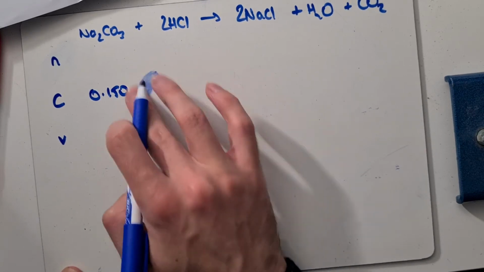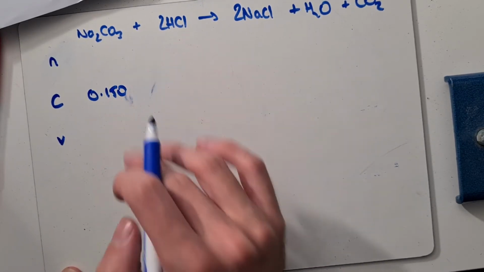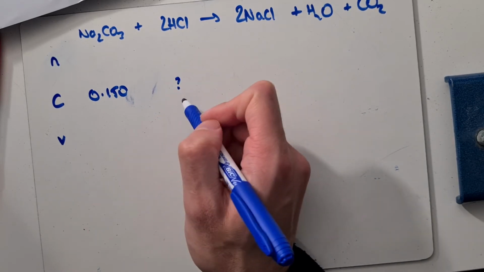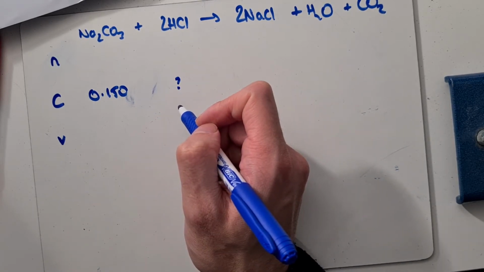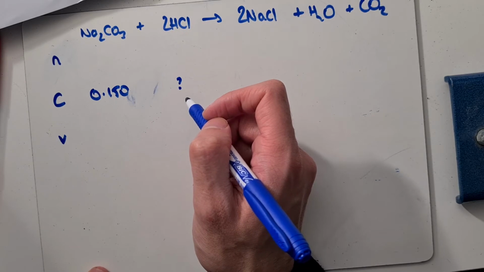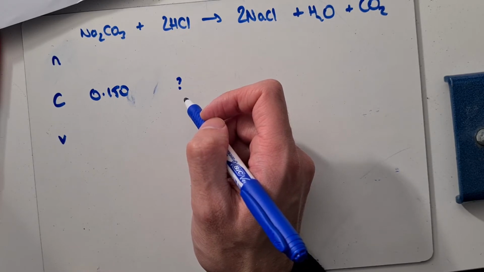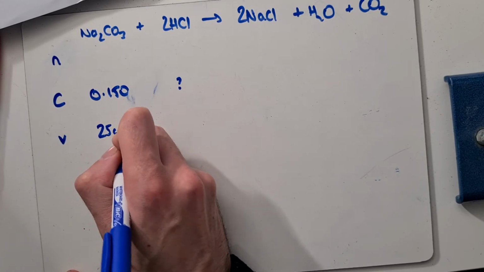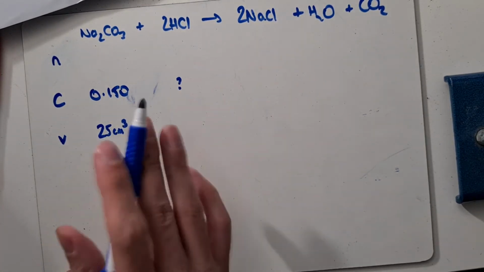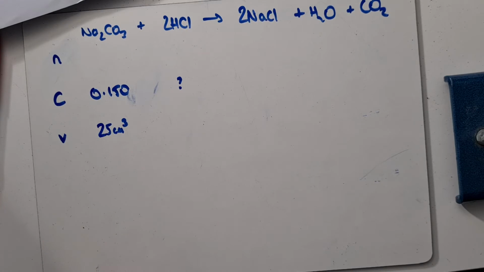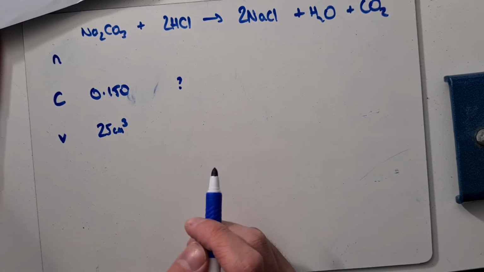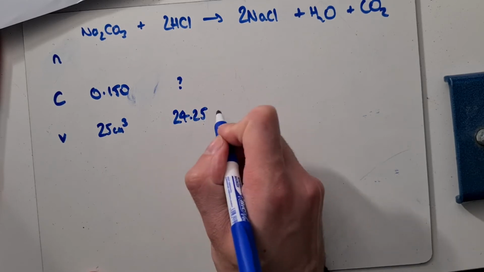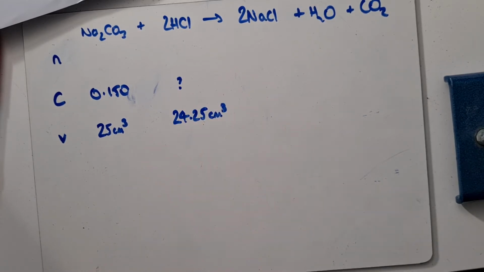Then we want to work out the concentration of the HCl. We know the volume of Na2CO3 was 25 centimetres cubed, and we also know that the average for the HCl added was 24.25 centimetres cubed.